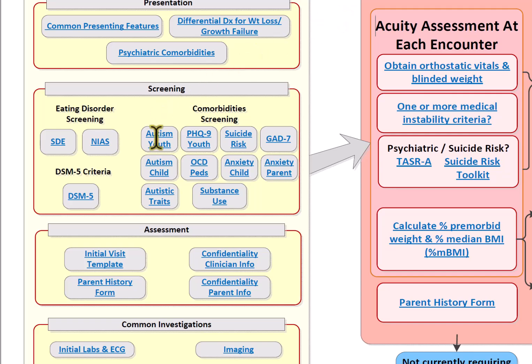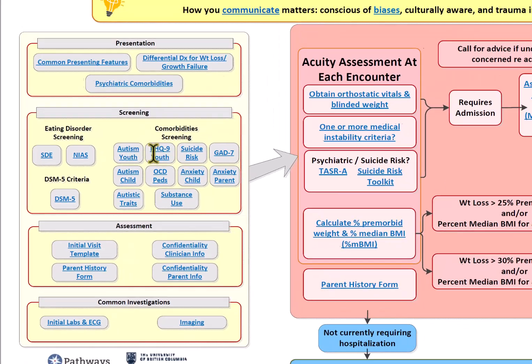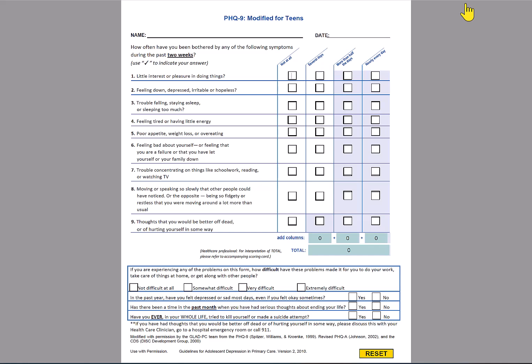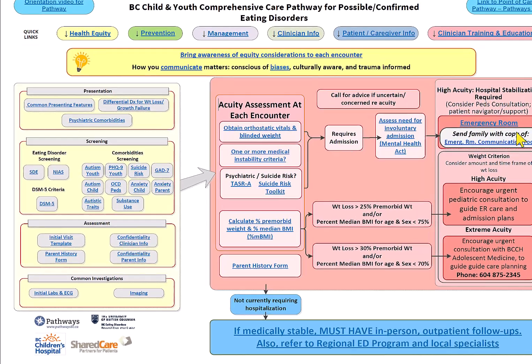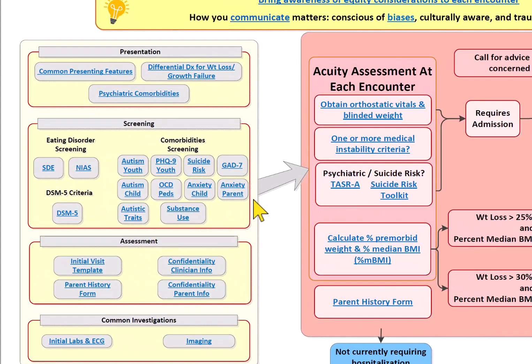There are many tools for comorbidity screening, such as the PHQ-9 for youth for depression, which is fillable and auto scores. Other tools include assessment tools for anxiety, suicide risk, substance use, and autistic traits.